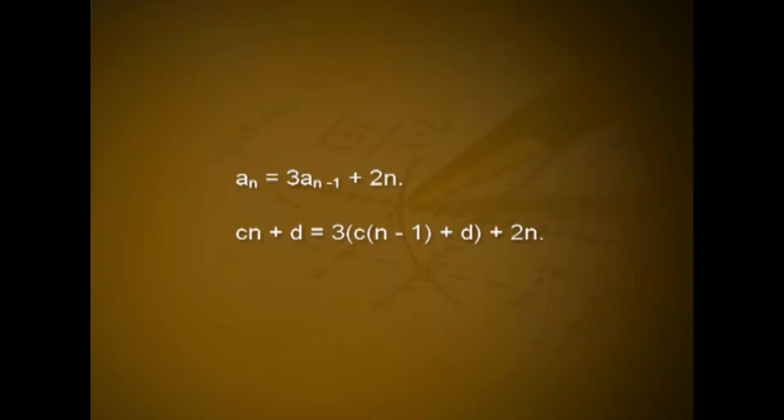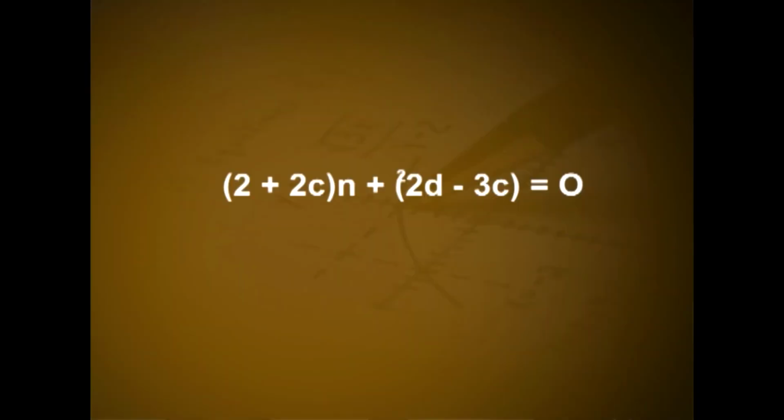Then the equation a n is equal to 3 into a n minus 1 plus 2n becomes c n plus d is equal to 3 into (c into (n minus 1) plus d) plus 2n. Simplifying and combining like terms gives (2 plus 2c) into n plus 2d minus 3c is equal to 0.